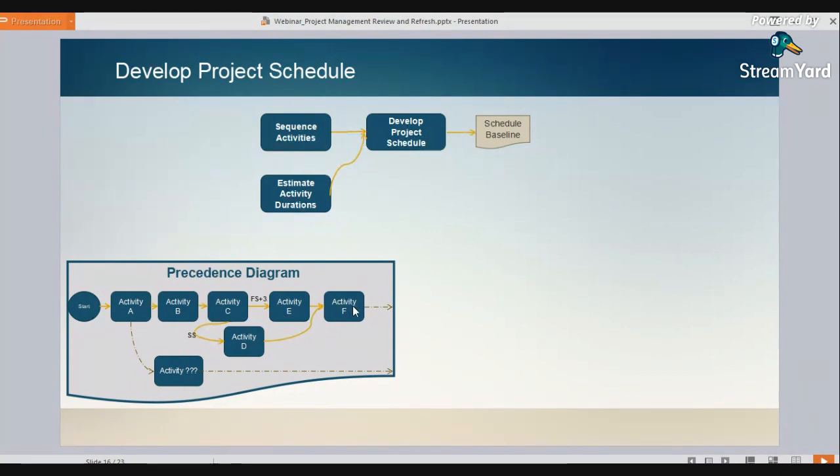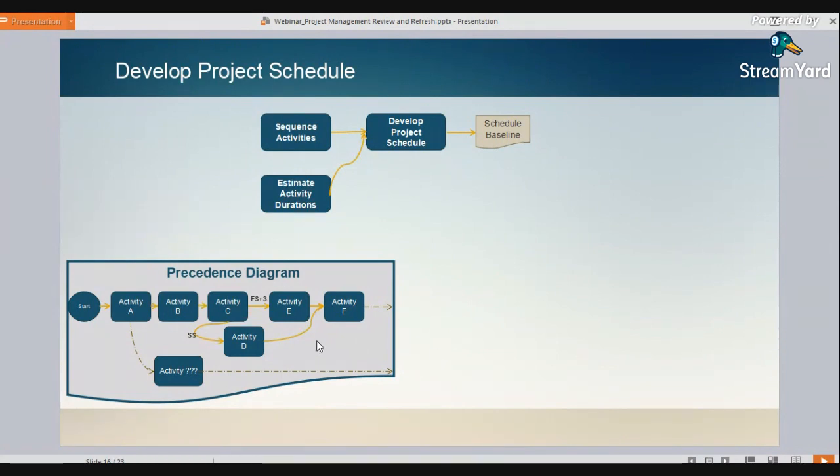Notice activity F. Activity F is dependent upon the completion of both E and D. Activity F cannot begin until activity E is complete and activity D is complete. And then we have other activities going in parallel to this mess.